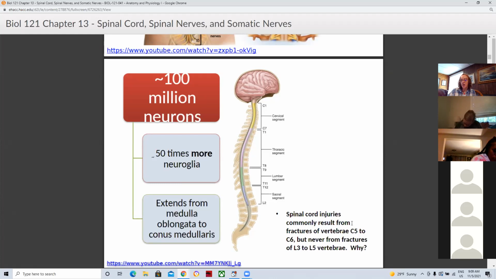Spinal cord injuries commonly result in fractures of the C5 to C6 vertebrae, but never fractures from the L3 to L5 vertebrae. Why? So spinal cord injuries commonly result from fractures of C5 to C6, up at the base of your neck. But we never have fractures of L3 to L5 vertebrae.